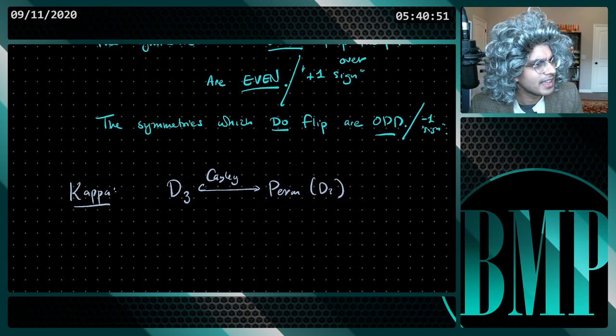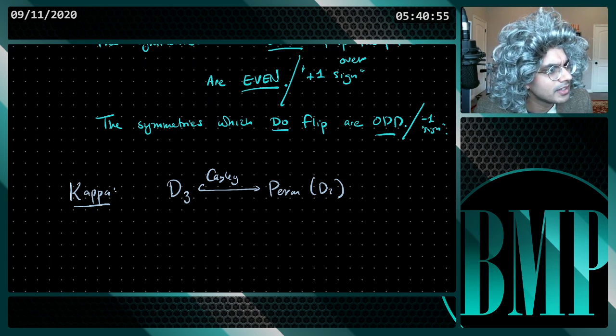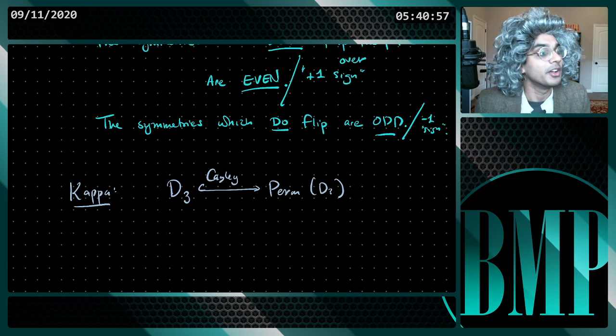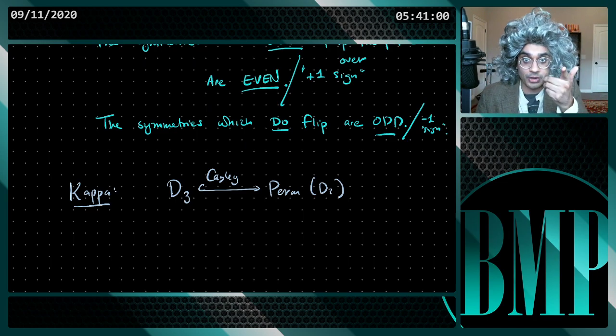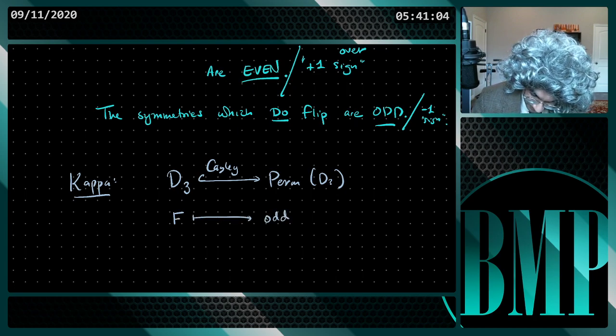Okay, identity is even. Reflection, good, is an odd one. Okay, they're saying that F goes to an odd thing.